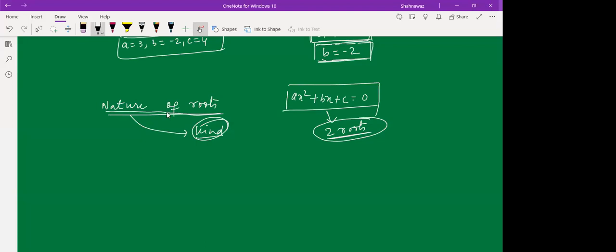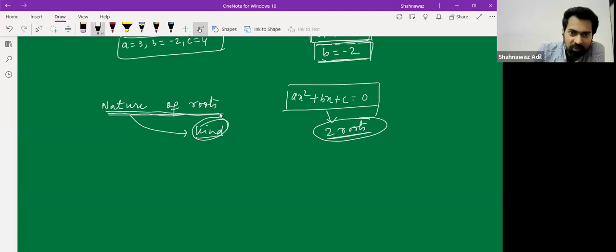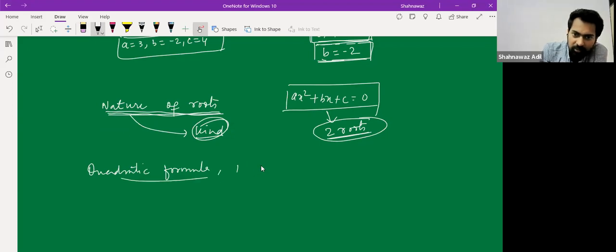To tell about the nature of roots, we need to learn about the quadratic formula. We need to recall the quadratic formula and the discriminant. Do you remember, or did you forget? So what is the discriminant? Let's say this is the quadratic equation.